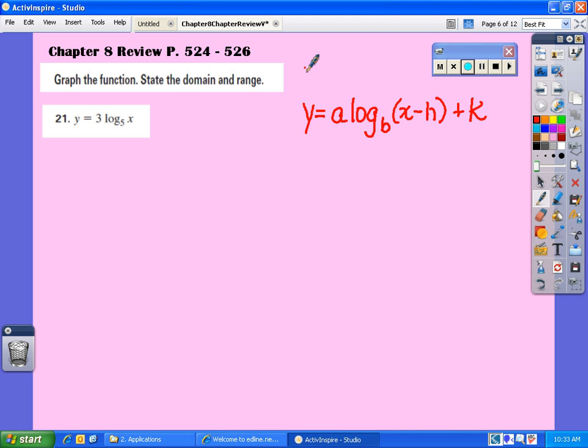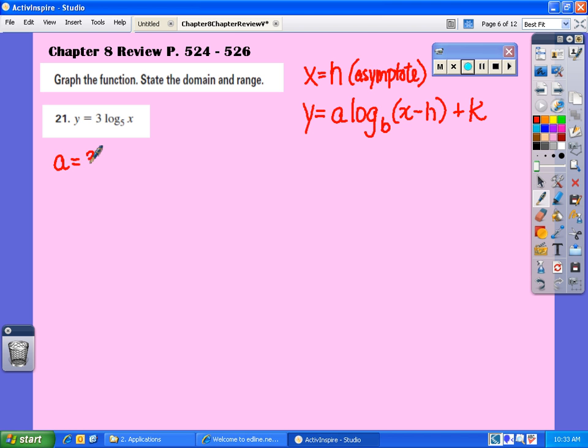So x equals h will give us our asymptote. And our asymptote, remember, will be vertical, as opposed to the horizontal asymptote of the exponential function. All right, so let's look at the parameters.